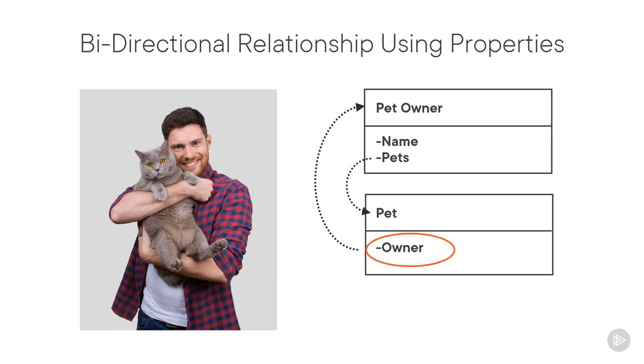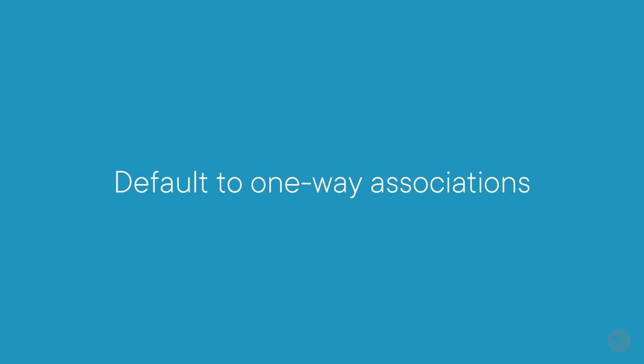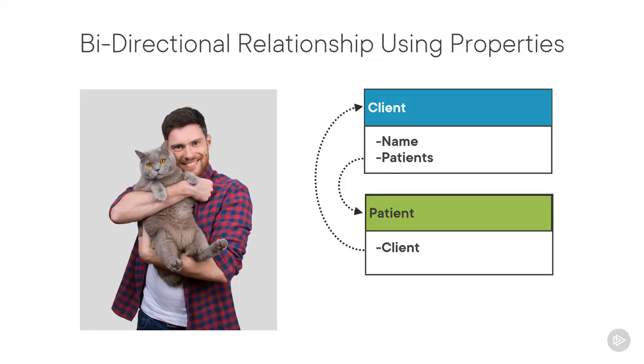Sometimes the fact that my model includes navigation properties that may not be totally necessary can be the cause of some grief that's led me to take some time to consider if I really need that navigation or not. Domain-driven design guides you to default to one-way or unidirectional relationships. That's not to say that you shouldn't ever have bidirectional relationships, but that because of the extra complexity involved, you should spend some time considering if that complexity is justified.